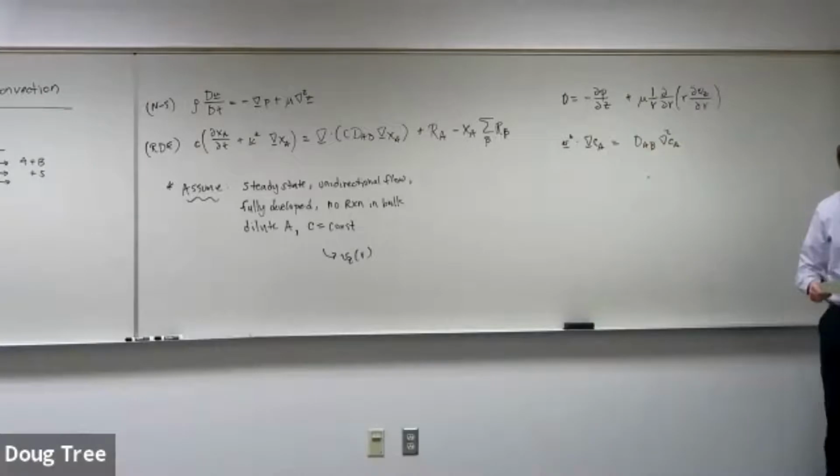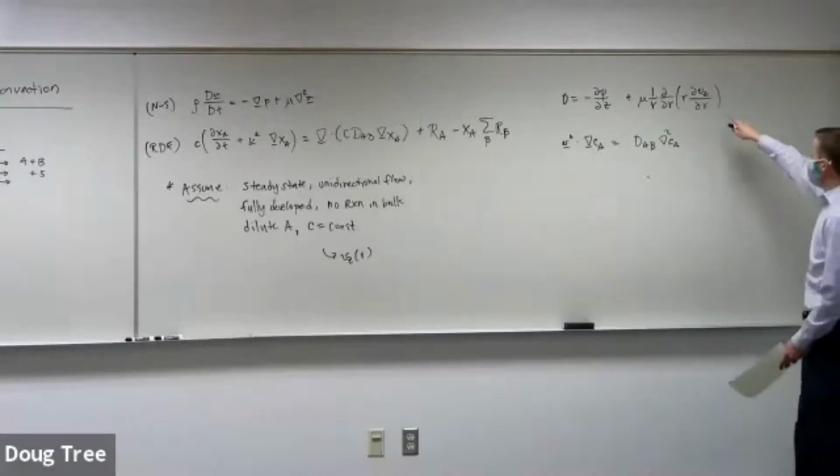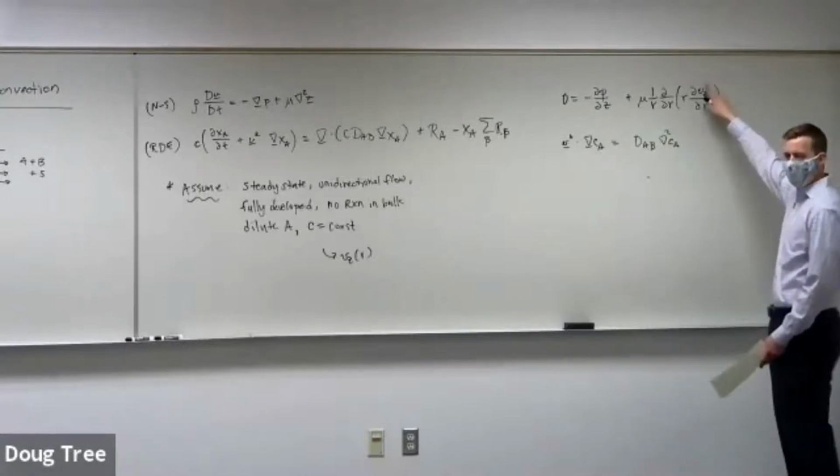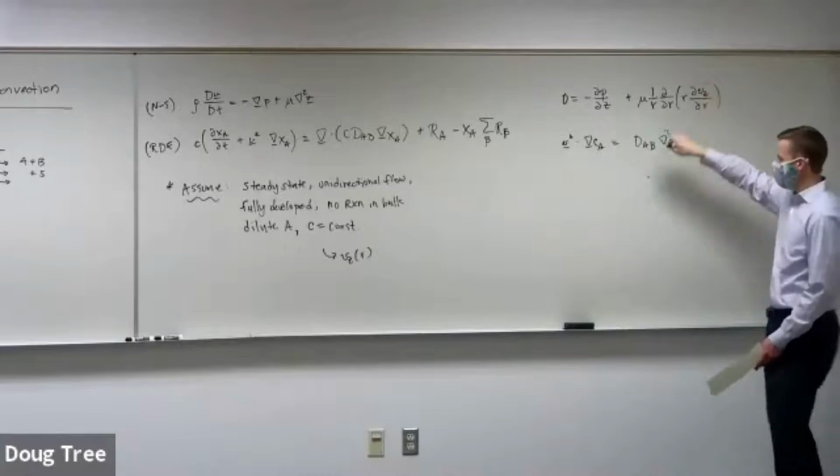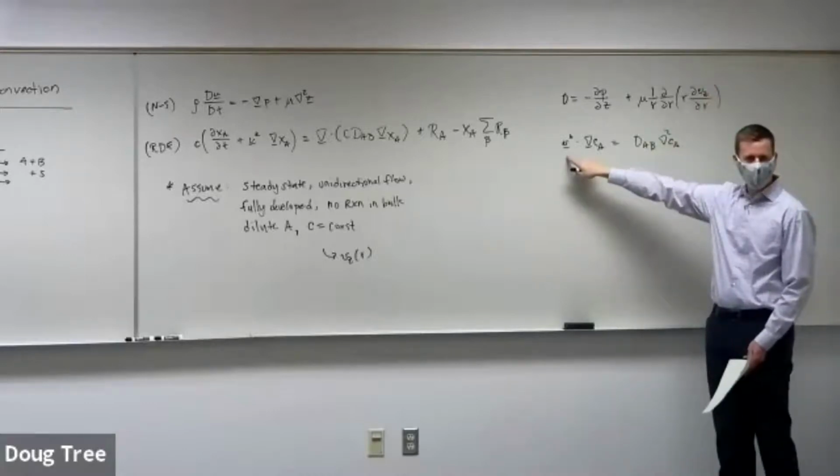Okay? All right. So I have this problem, okay? The problem is that this is a V, which is a mass basis, and this one is a V star, which is the mole basis.